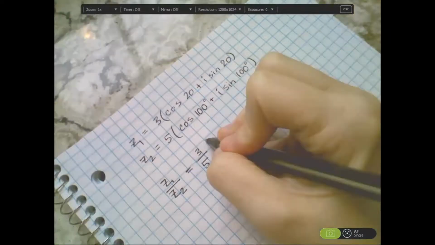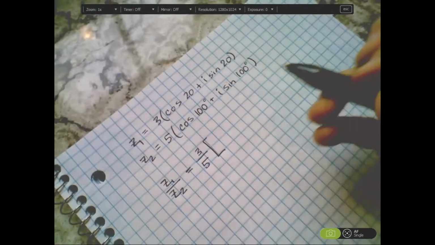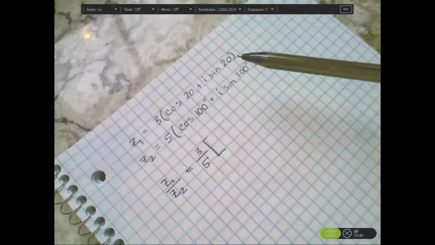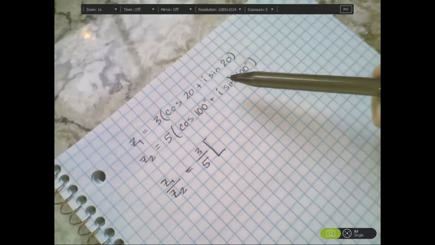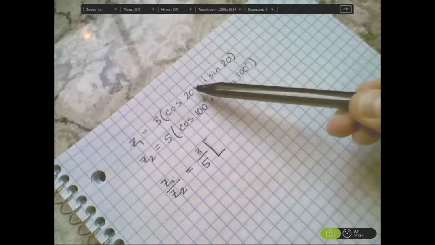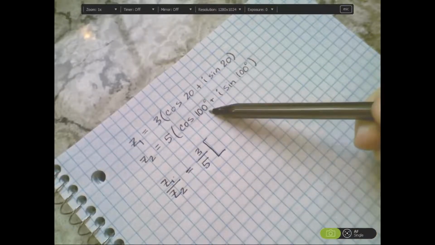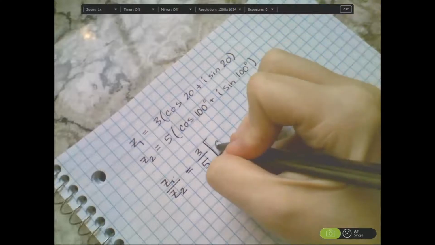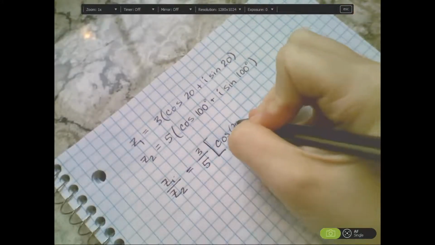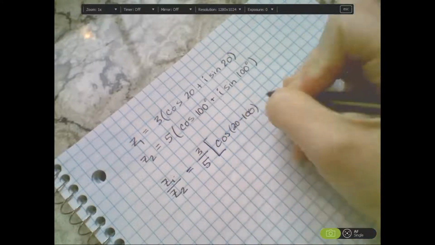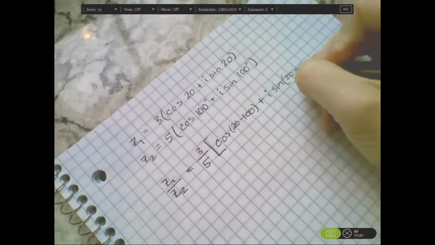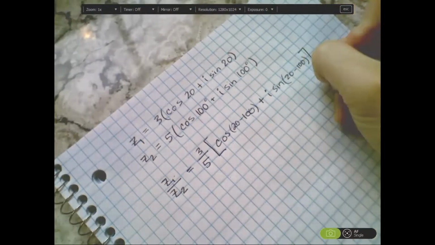And then when we get to our cosine and sine, since this is division, we're going to have to subtract our angle measurements. So since I'm doing Z1 divided by Z2, I'm going to be doing 20 minus 100. So this is going to be cosine 20 minus 100. And then here, same thing, 20 minus 100.